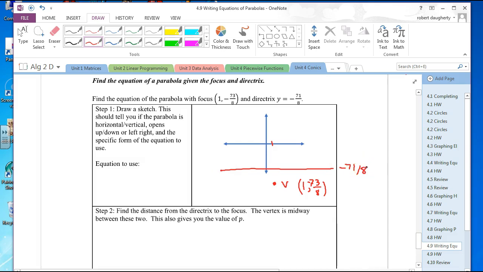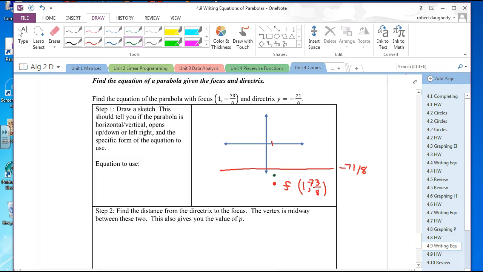Sorry, it's not the vertex. What is this point? This is the focus. So what is missing? The vertex. Where would the vertex be found? Halfway between these two points, right? So there's going to be a vertex halfway between those two points.